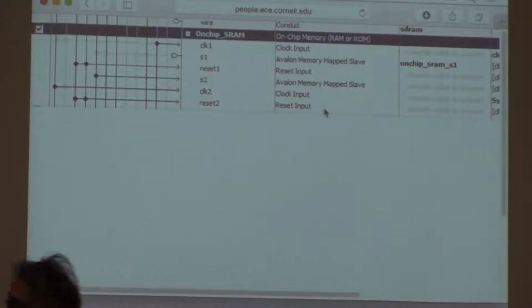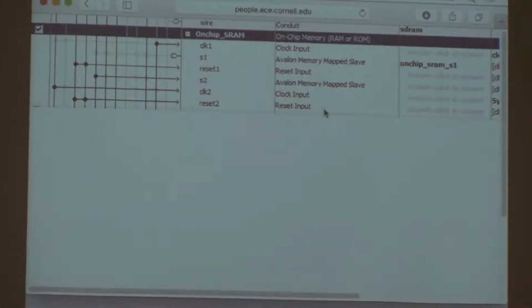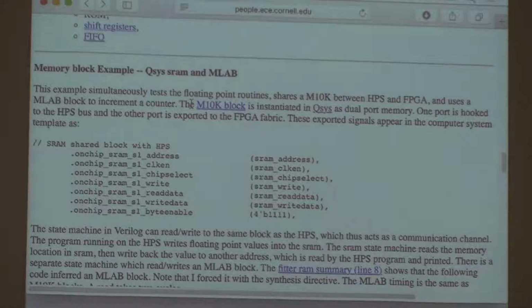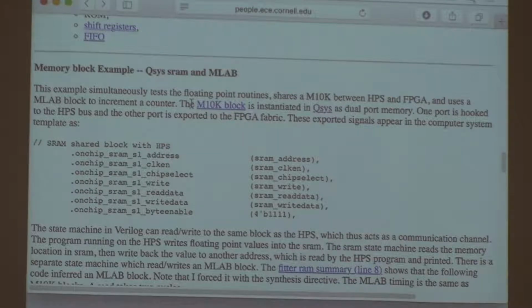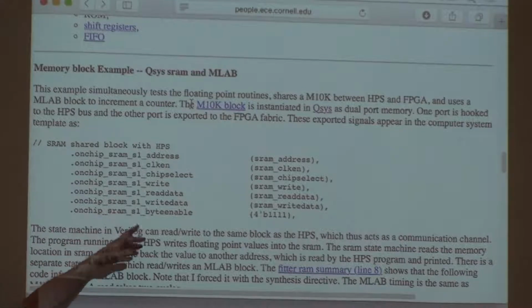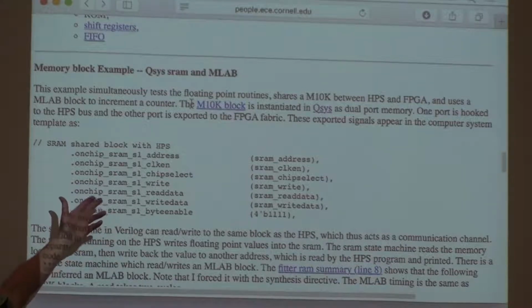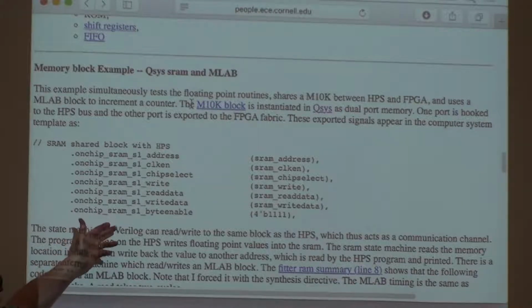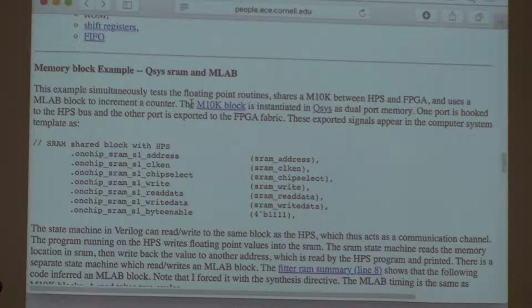So the signal group is exported, and after you compile and look at the instantiation block, you see something that looks like this. There's lots of signals that come out. There's an address, a clock enable, a chip select, a write, read data, write data, and byte enable.